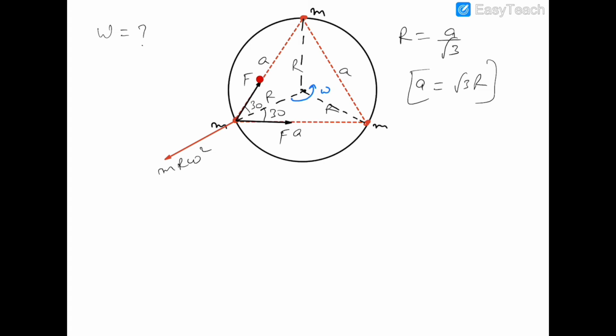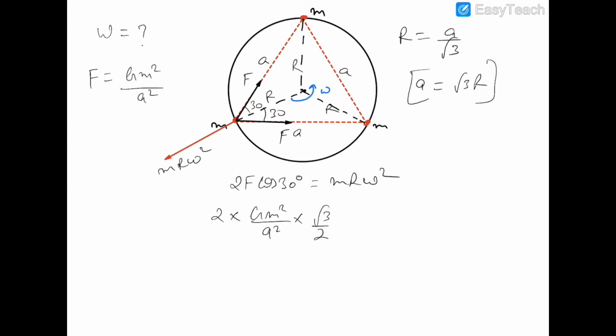So the component of F along this line is F cos 30 and F cos 30. So 2F cos 30 is actually balancing M R omega square, where F is the force acting on this mass due to this one. So F will be G M square upon A square, and cos 30 is root 3 by 2. And this is equal to M R omega square.